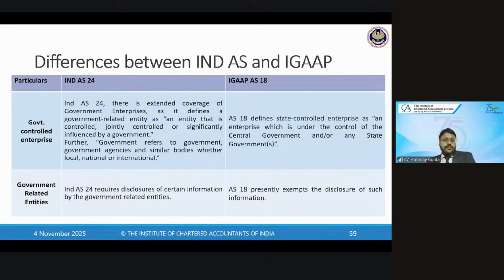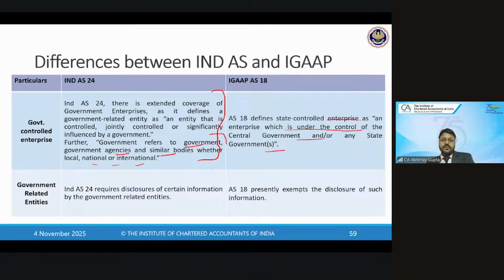Then for government control, there is a specific set of exemptions and disclosures prescribed by Ind AS 24, which we have just understood. For IGAP, AS 18 defines the state controlled entity as an enterprise which is under the control of the central government or the state government, right? And here the definition of government is: government refers to government agencies and similar bodies, local, national, or international.